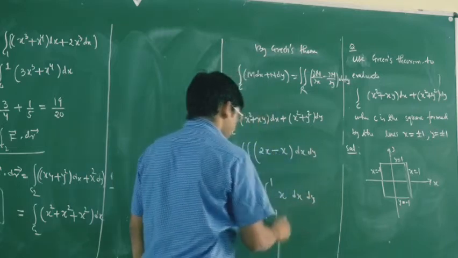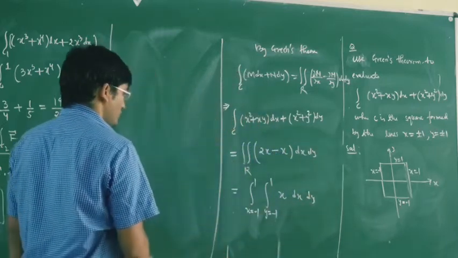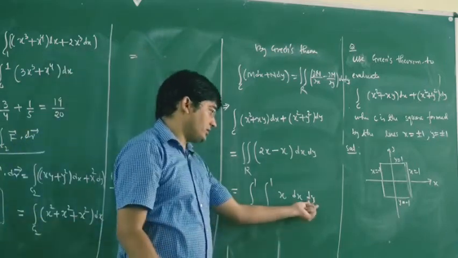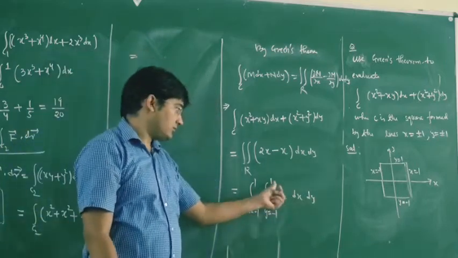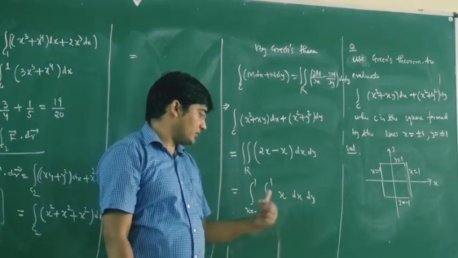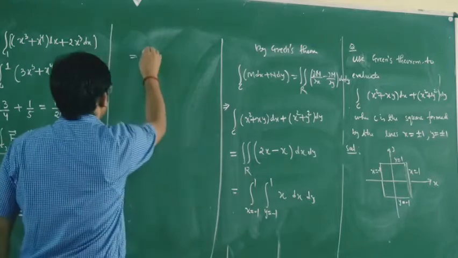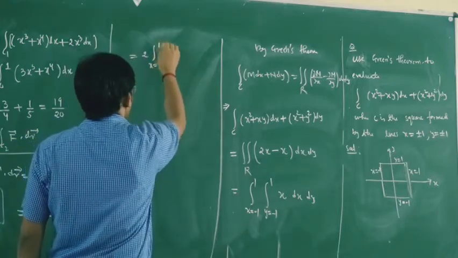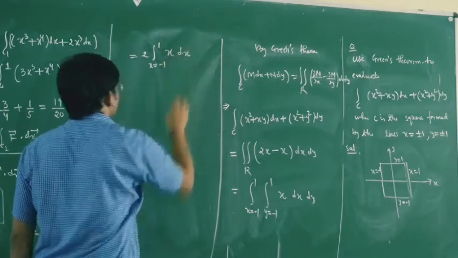Now the integration of x will give you x square by 2, and if you integrate with respect to y, then the integration of dy will be 1, and for upper limit we will have 1, and for the lower limit again we will have plus 1, so this will be 2 times. So 2 times, then we have x from minus 1 to plus 1, then x dx.